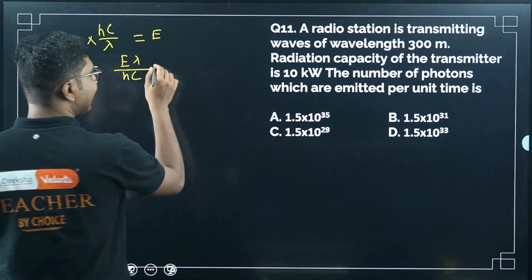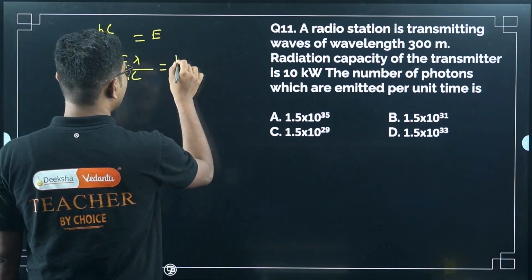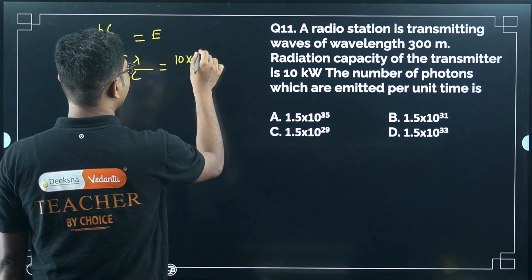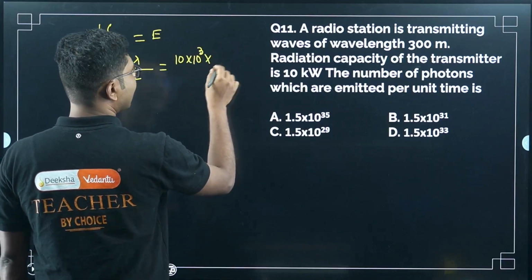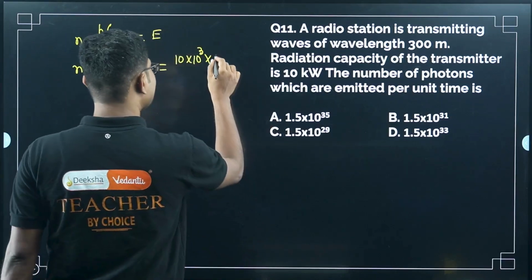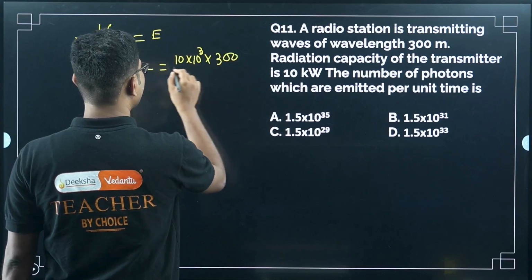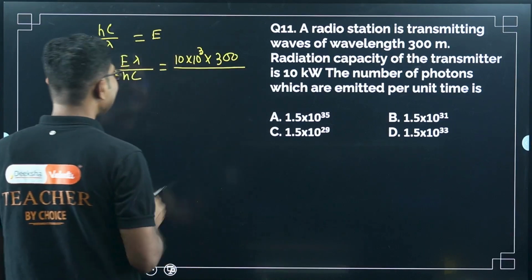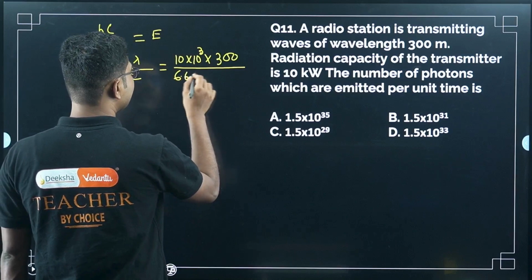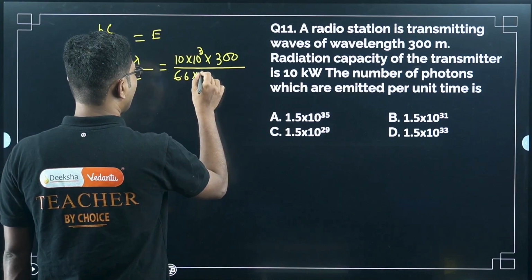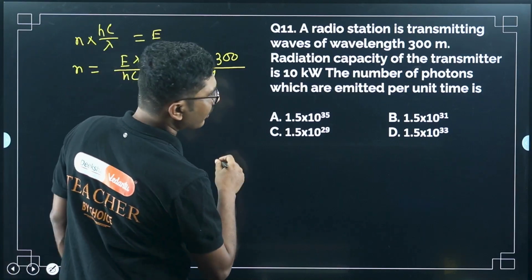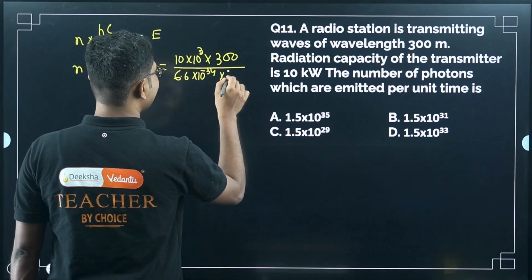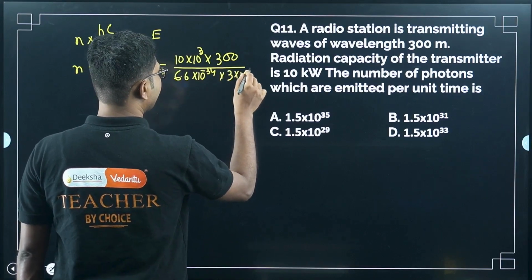Okay. Now what is E? E is 10 kilowatt. Kilo means 10 to the power of 3. Lambda is 300 meters. It is already given in meters, so we don't need to convert it to anything else. h is 6.6 times 10 to the power of minus 34. Okay. And c is 3 times 10 to the power of 8.